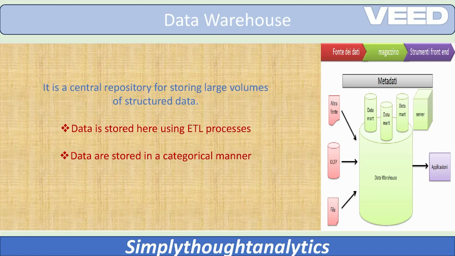A data warehouse is just a combination of several databases. For big institutions, what they do is that they design a particular database for a particular type of data. So you can say, okay, this database is for employee. This other database is for transaction.